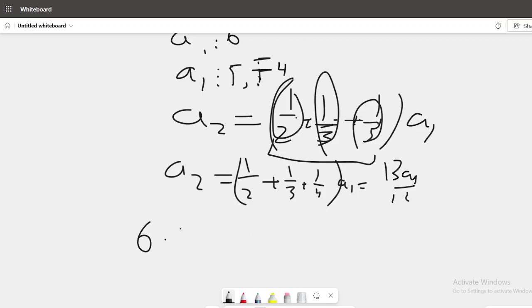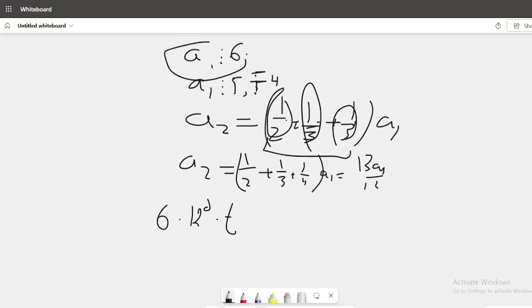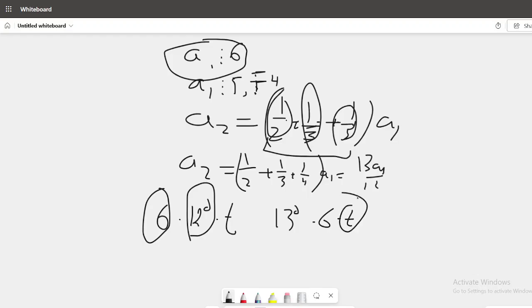So if something like this happens, and we already proved that at all points it needs to be divisible by 6, so if a1 is divisible by 12, we need to keep this 6 here. So we have 13 to the alpha times 6 times t by the end of all the dividing by 12 operations, where t is an odd number.